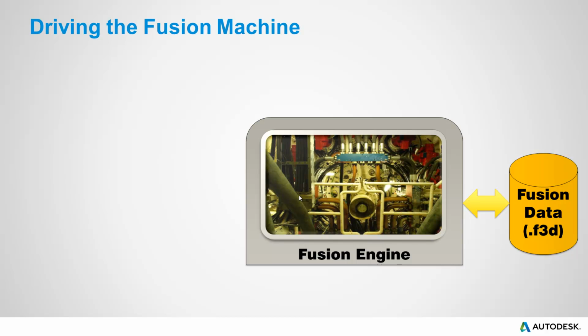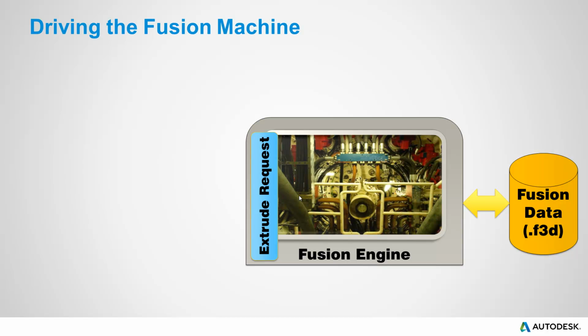This data is stored on disk or in A360 as an F3D file. But the engine knows how to work with that data. And as part of the engine, there are a series of what we call requests. For example, there's a request for creating an extrude, and that extrude request knows how to create the data that represents an extrusion.